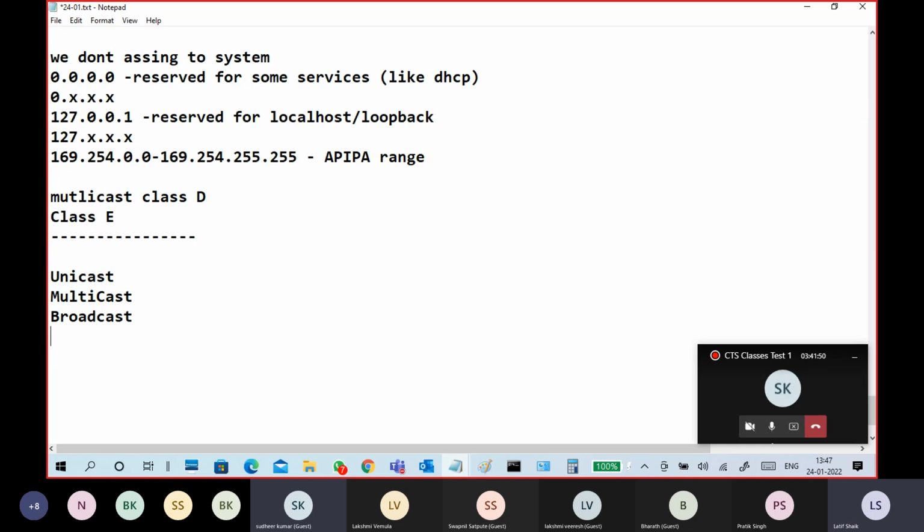Unicast means one-to-one communication. It's not like simplex, guys. One-to-one communication means addressing one to another one.